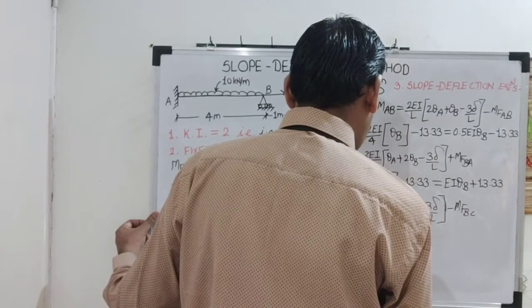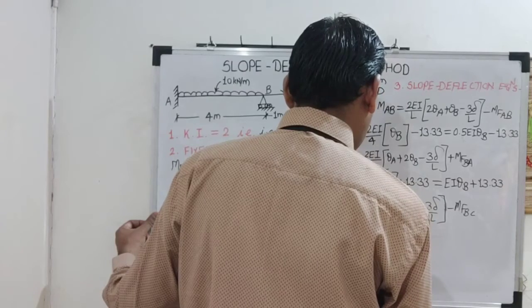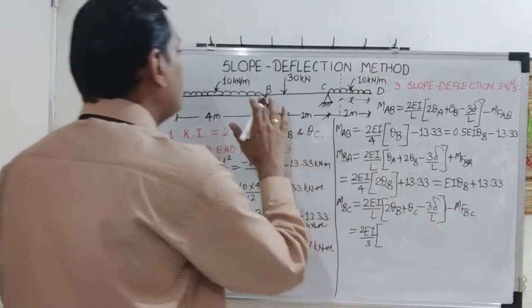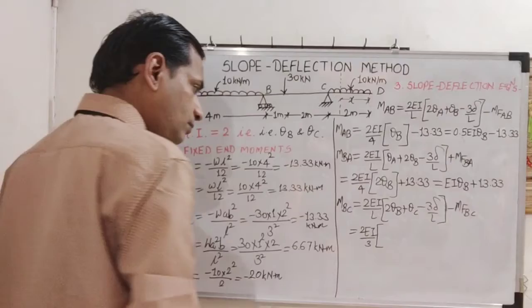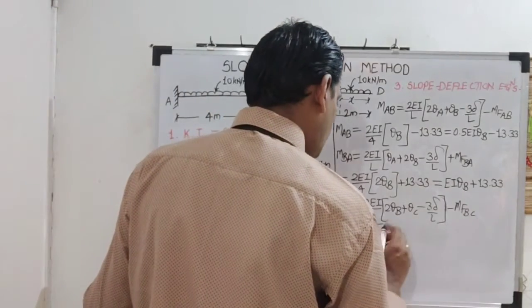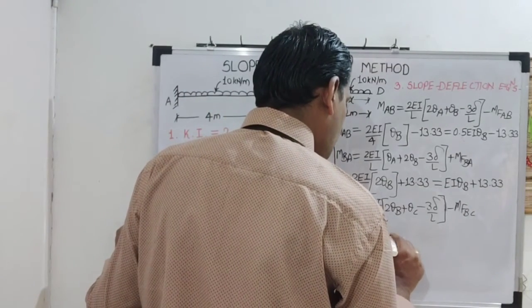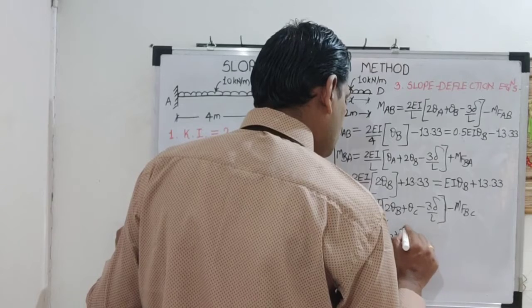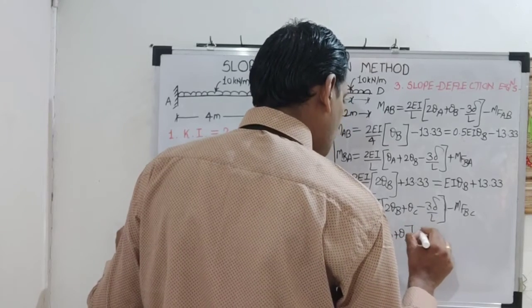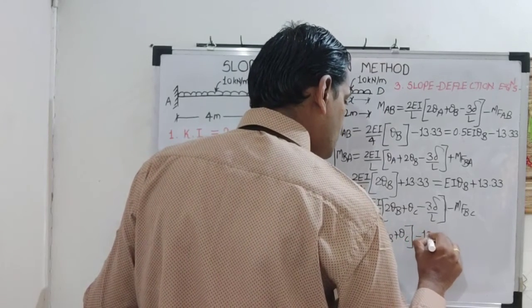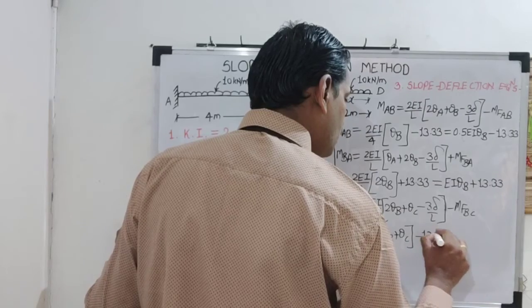So 2EI upon 3 meter is the span of BC. So 2EI by 3 into bracket 2 theta B plus theta C, delta 0, minus MFBC, which is again 13.33.